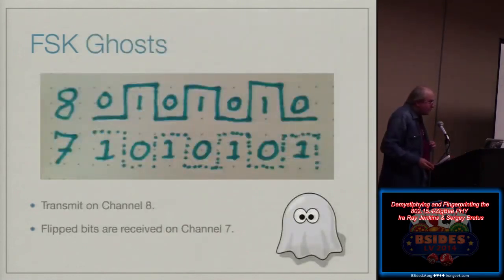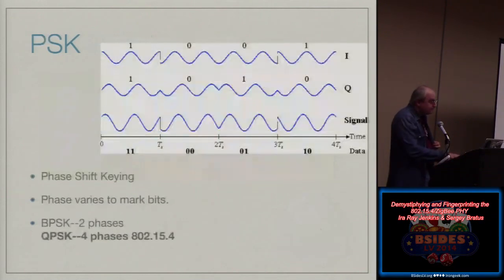That's also interesting because you will hear a ghosting of that on a neighboring channel, if you think about this. And it's an inverted signal. With phase shift keying, you shift the phase of the sine wave.